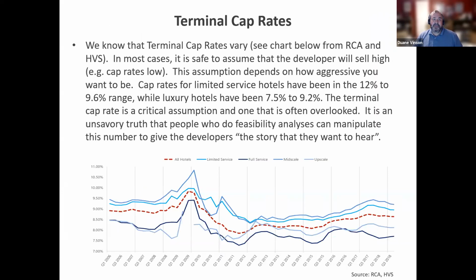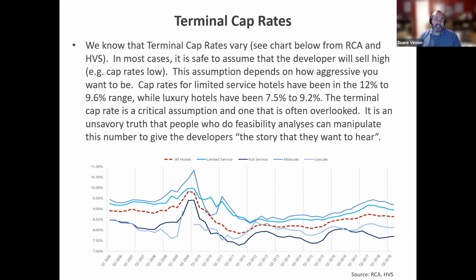Terminal cap rates. We know that terminal cap rates can vary. In most cases, it's safe to assume that the developer will sell high, ideally. This assumption depends upon how aggressive you want to be. Cap rates for limited service hotels have been in the 12 to 9.6% range, while luxury hotels would be in the 7.5 to 9.2% range. The terminal cap rate is a critical assumption and one that is often overlooked.